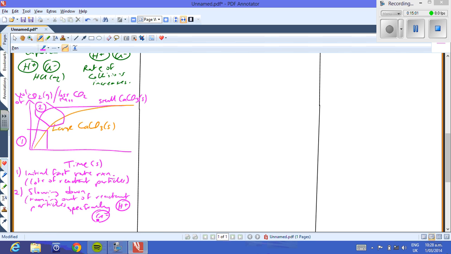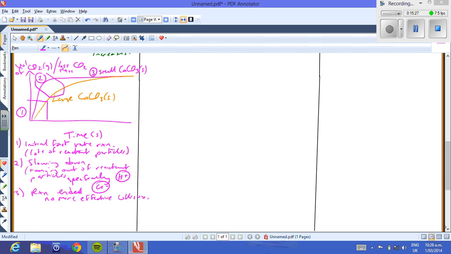The amount of calcium carbonate that was added is quite huge in comparison. So the rate starts to slow down because you run out of acid particles. And section 3 is the flat line. The reaction comes to completion, reaction ended, and there are no more effective collisions taking place.